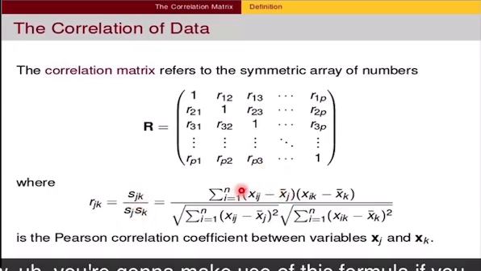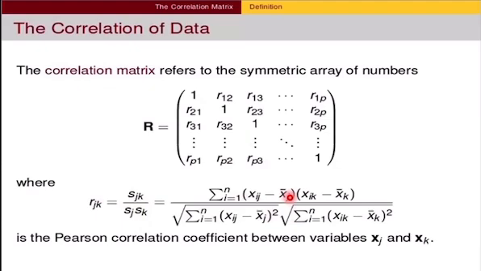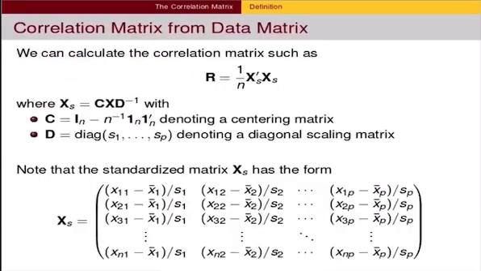Now you're going to make use of this formula if you actually want to get that in a scalar form. But if you want to get that in a matrix form, please pay attention. I remember when I was walking you through the covariance on Friday, in a matrix form for covariance, I said S equals 1 over N, S_C transpose S_C.